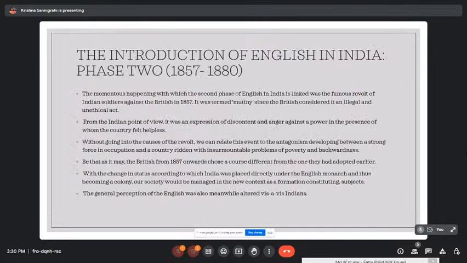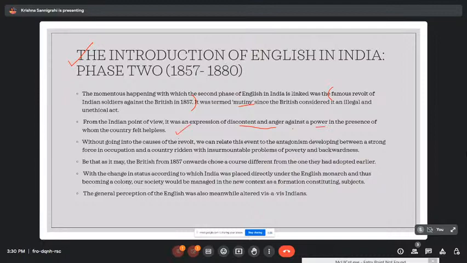Then comes phase 2, which is kind of more important, because the momentous happening with which the second phase of English in India is linked was the famous revolt of Indian soldiers against the British in 1857, which is the Sepoy Mutiny. And it was an expression of discontent and anger against a power in the presence of whom the country felt helpless.